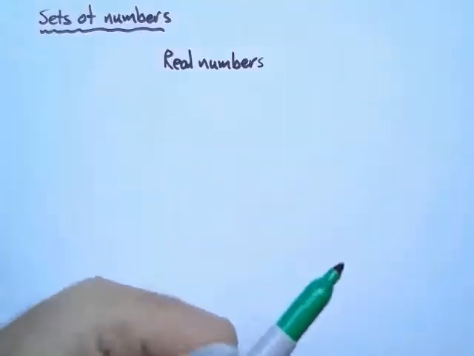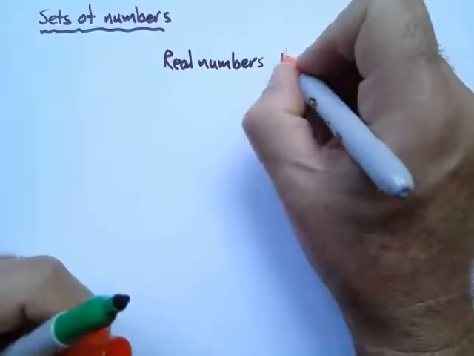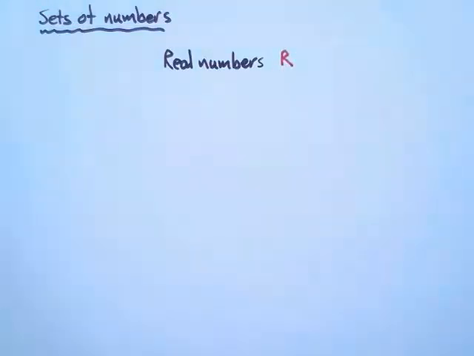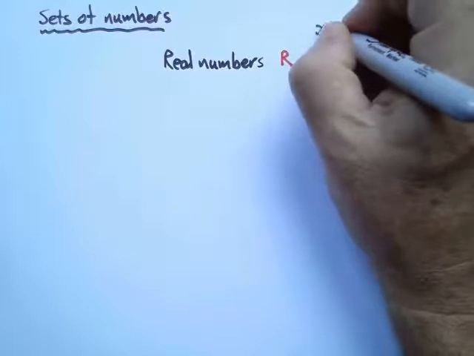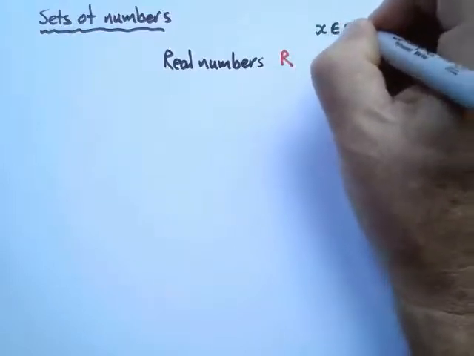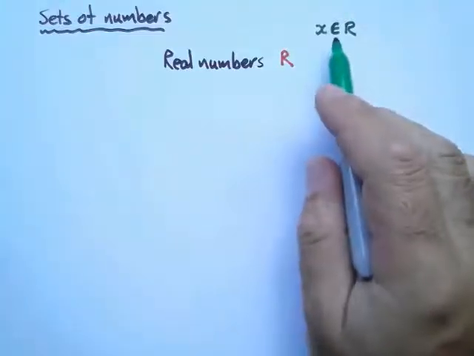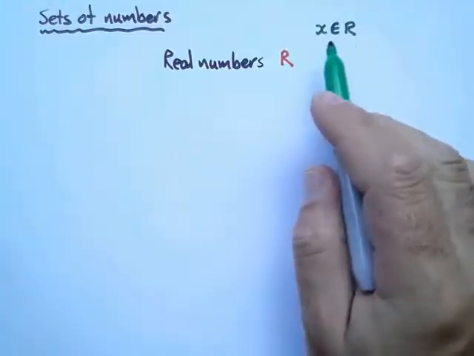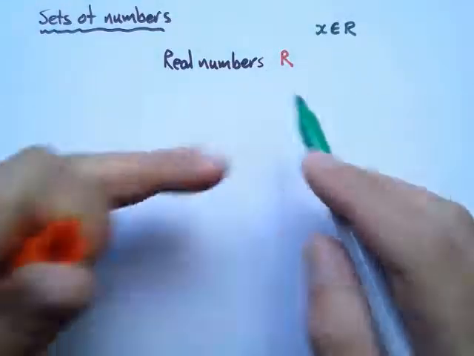So the real numbers I can indicate with the letter R. So if you see something like X, it means that my value of X is an element of the real numbers. So X can be any value that is a real number.